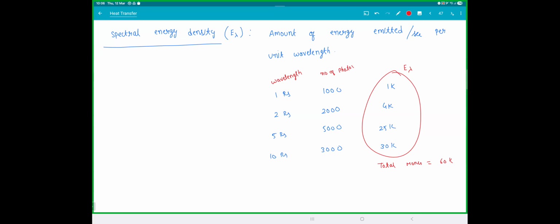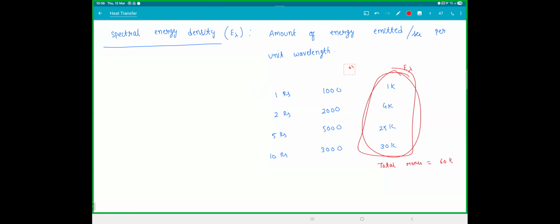Is that making sense? And the total money you have is the total amount of energy emitted by the body. So spectral energy density is simply the energy emitted at a given wavelength. Is that clear, everyone? So think of it in terms of money. You have different denominations, and each denomination contributes a different amount of money. I hope the analogy is making sense.